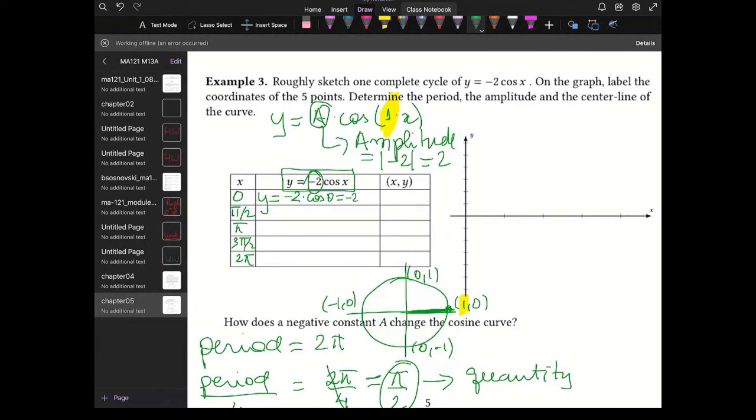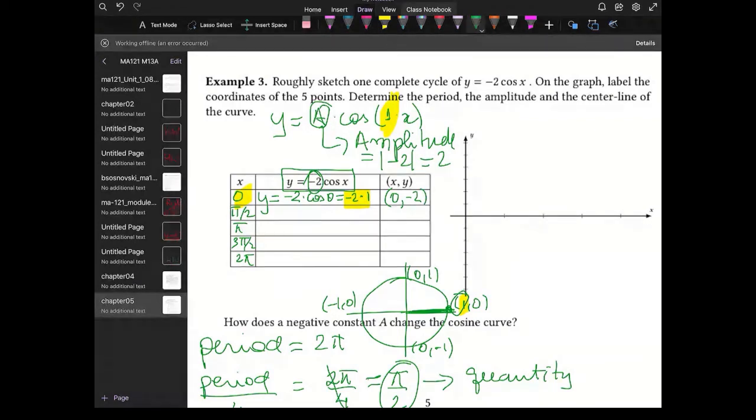So this is -2 times 1, because cosine of 0 radians from the point on the unit circle. So this computation is -2, right? Because -2 times 1. So the point is the angle 0 and the y value, which is -2. So I have 0, -2.